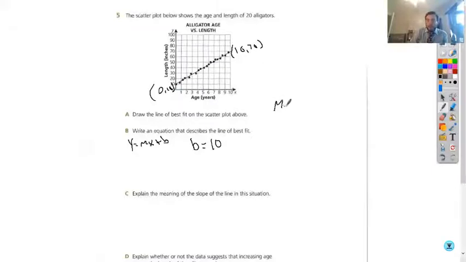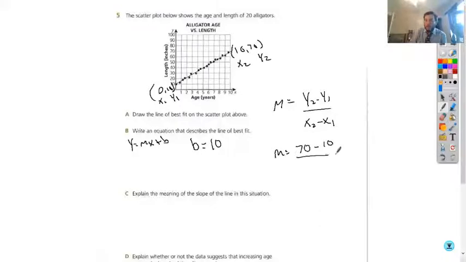And to find our slope, we're going to take our first point and our second point and put them into the equation y2 minus y1 over x2 minus x1. So here we have m equal to y2, which is 70, minus y1, which is 10, over x2, which is 10, minus x1, which is 0.